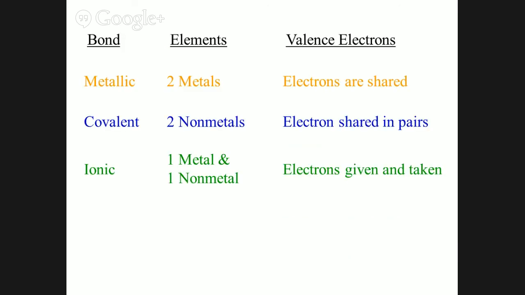To summarize, this is literally like 6 questions on a test. In other words, the answer being metallic, covalent, or ionic, knowing, hey, is it 2 metals? Is it 2 nonmetals? Is it 1 metal and 1 nonmetal? You might be told similar to the way we did on that previous slide.